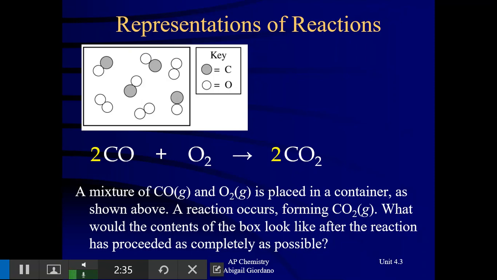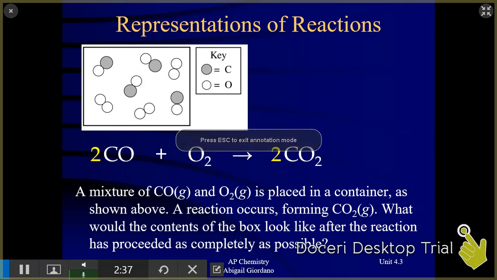If you look at this drawing that I have here, I can see that there are 4 molecules of carbon monoxide in the box. And when you're shown a number of molecules, or atoms or particles, you can always translate that into a number of moles.